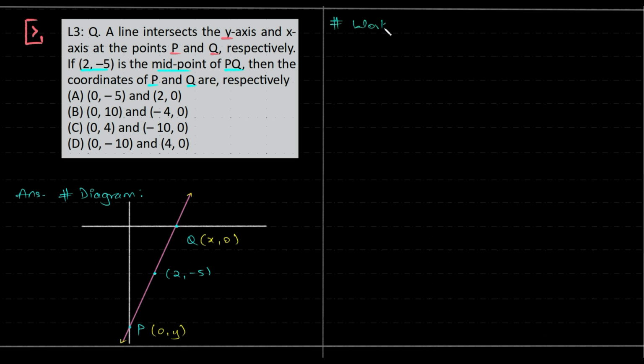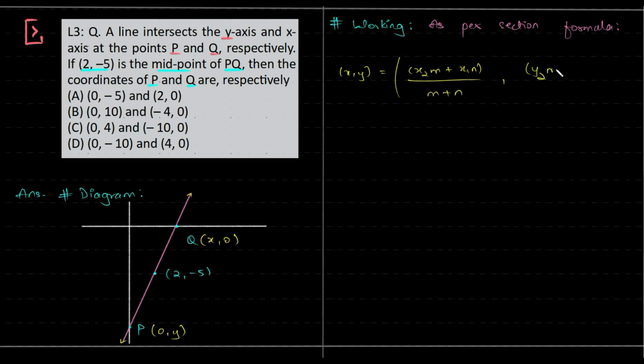So we'll start off with the working, as per the section formula. We are looking at (x, y) being equated to ((x2m + x1n) divided by (m + n), (y2m + y1n) divided by (m + n)).